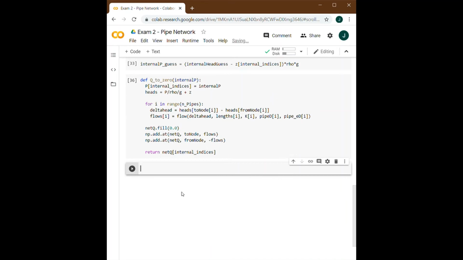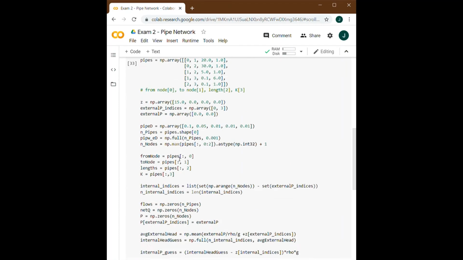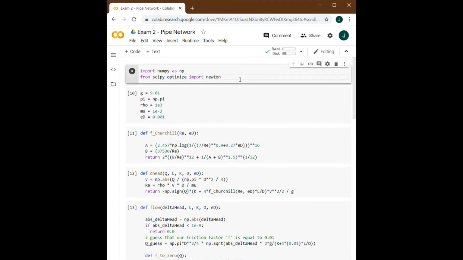Now we're going to solve this function and zero it out, because our goal is to get our internal indices net Q equal to 0. So we're going to do answer. Our answer is going to be, so we're actually going to have to import a new function all the way up here called root.